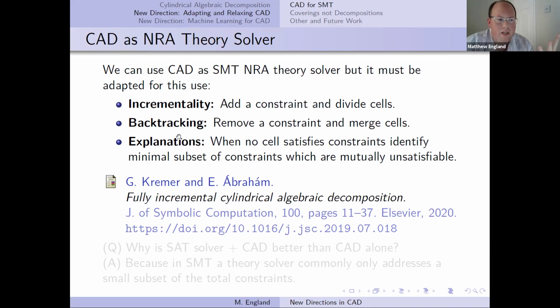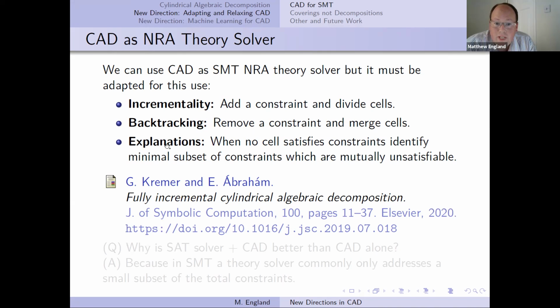So the SAT solver gradually modifies its solution, so it may bring in an additional polynomial requirement to us. So we want to be able to refine our CAD, chop the cells down as we get additional requirements without restarting the whole computation again. We also might want the ability to remove polynomials, which would mean merging cells back together in order to maintain the most efficient CAD we can.